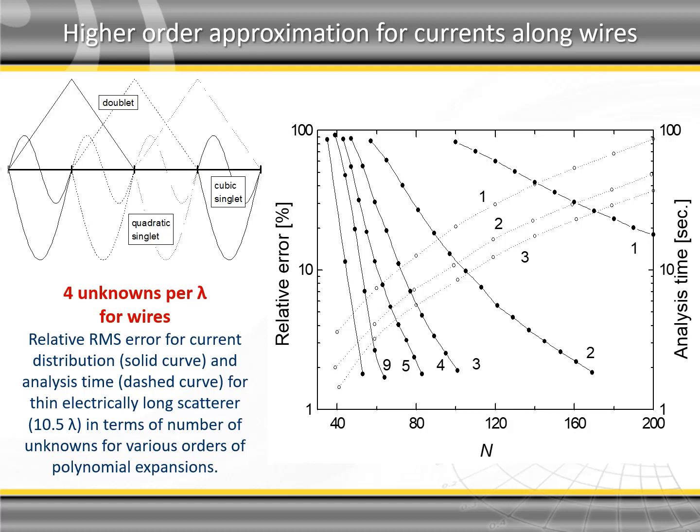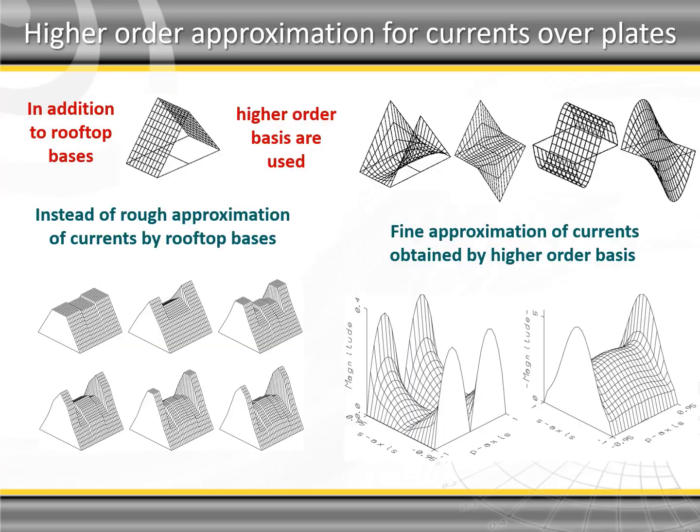It is seen that by increasing the expansion order while retaining the same total number of unknowns, the relative error quickly decreases. Generally, it is found that for electrically longer wires, the low-order approximation requires 10 unknowns per wavelength, while higher-order approximation needs only 4.